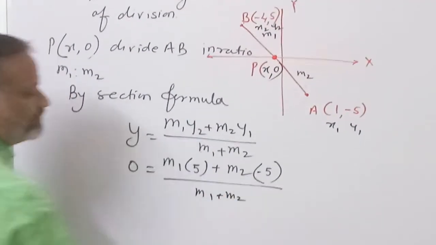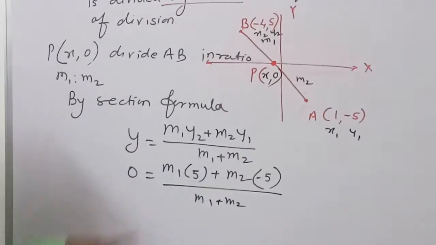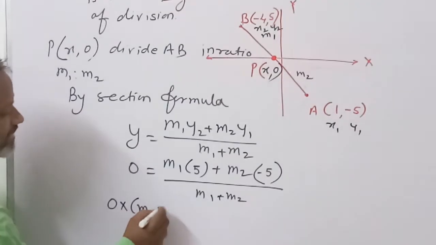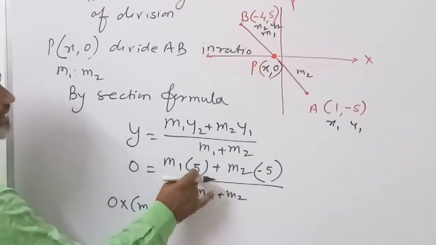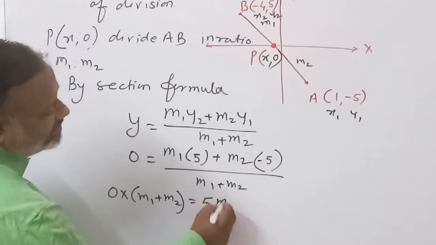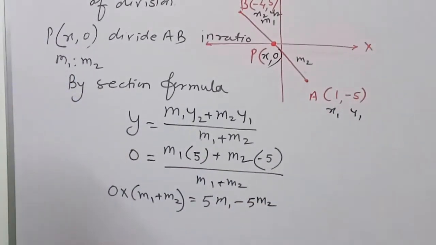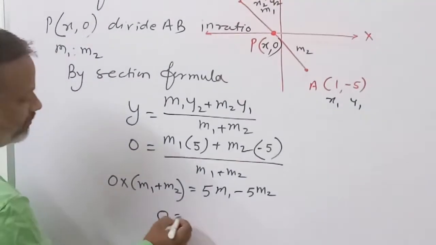Now we will transfer this m1 plus m2 to the left hand side. So 0 into m1 plus m2 is equal to 5m1 minus 5m2. Got it? Now 0 into something is always equal to 0. So we get here 0.